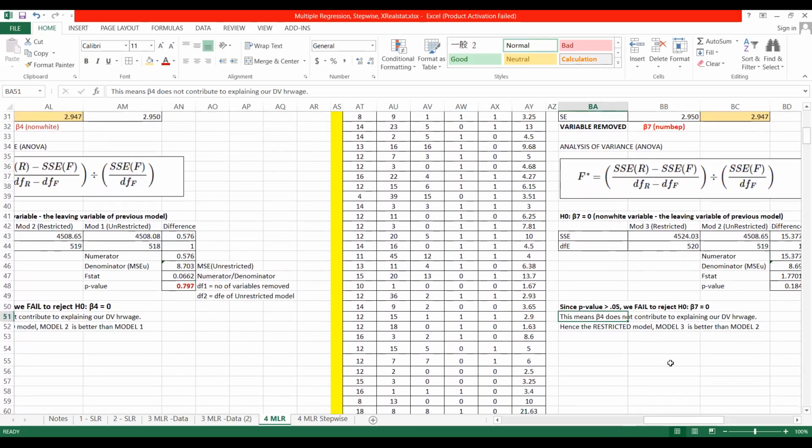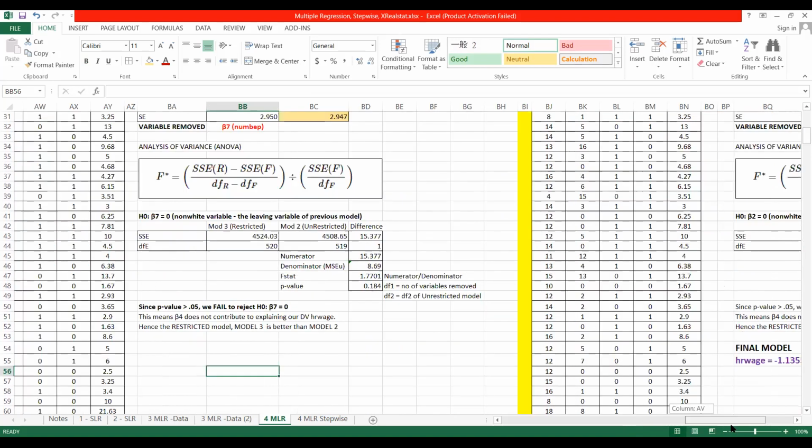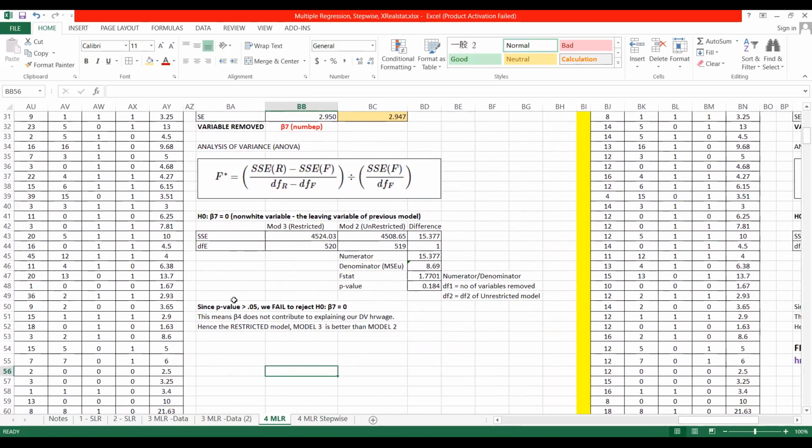So tinanggal natin si B7. So sabi natin, okay siya natanggalin kasi si B7 statistically equal to 0 siya. So pag 0 si B7, ibig sabihin wala yung mako-contribute dun sa pag-explain kay hourly wage. So why include B7? Sabi nga natin, di ba?